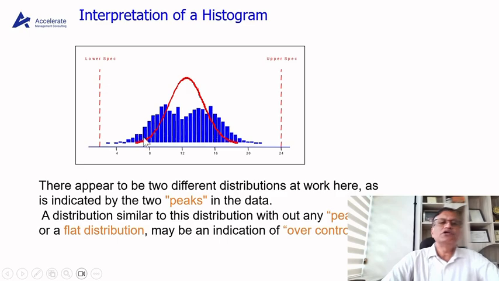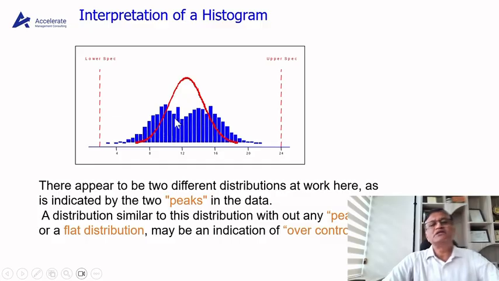If we are getting a histogram like this, it means that there are two modes in this histogram, and that means the data is of two sets. There are two sets of data, or different distributions at work over here. And if you get something similar but you don't get a peak, in that case you can say that the process is over controlled.